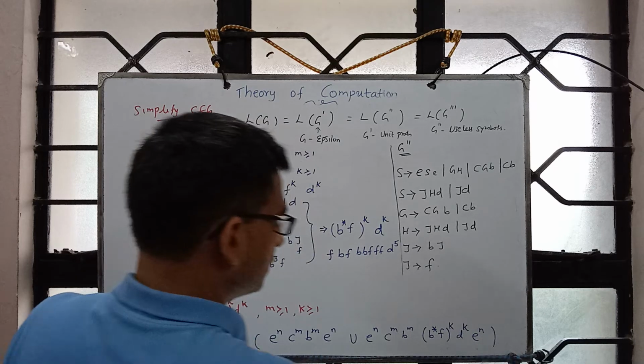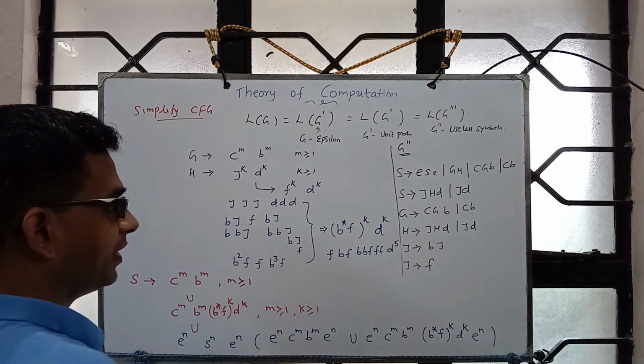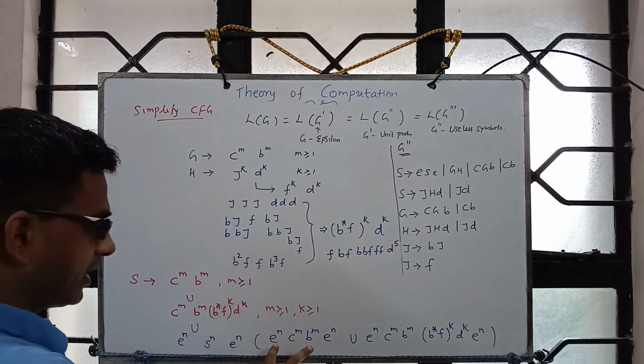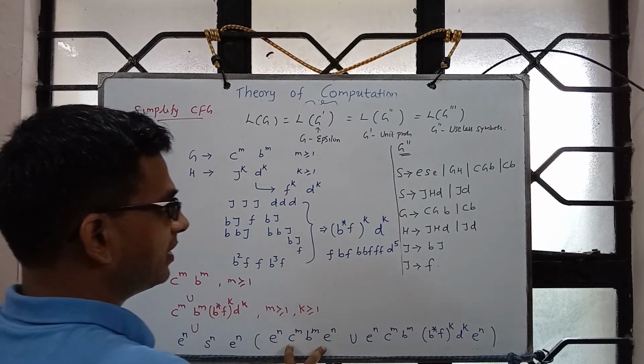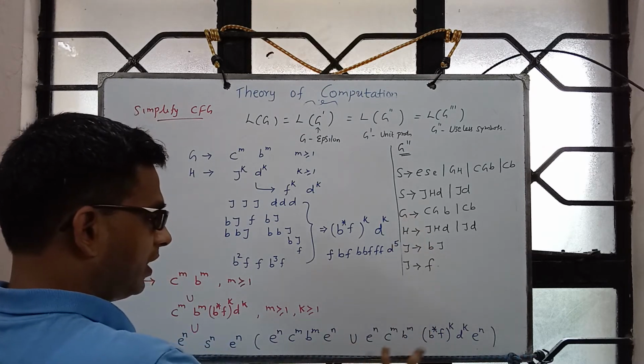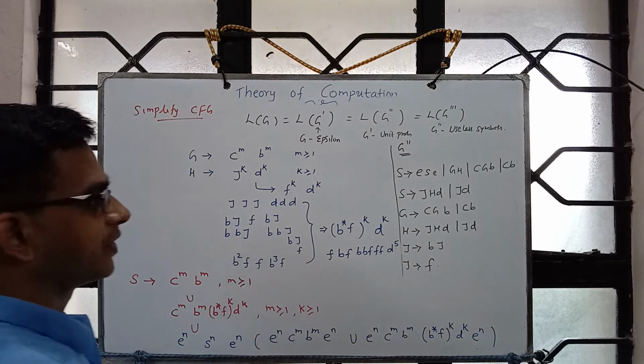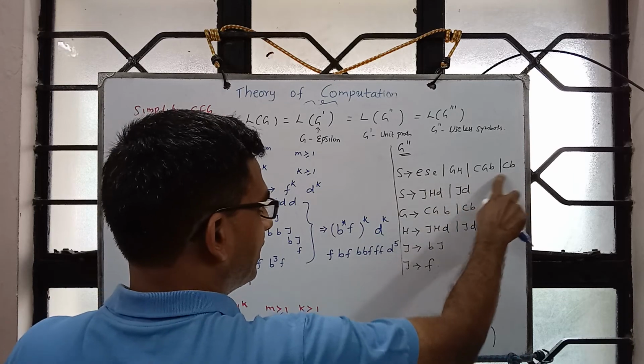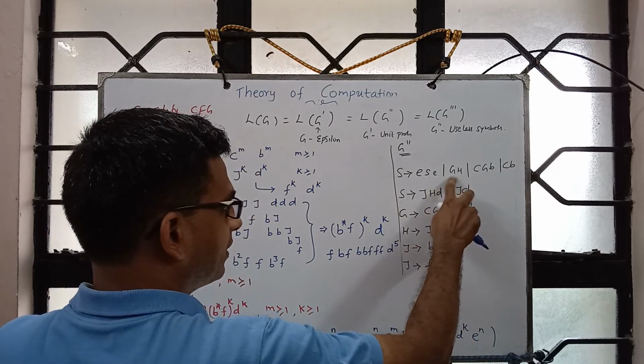Correct? So which means E may appear. If it appears, then it could be like this, or it could be like this, because you can replace this S with this part, or you can replace with this part.